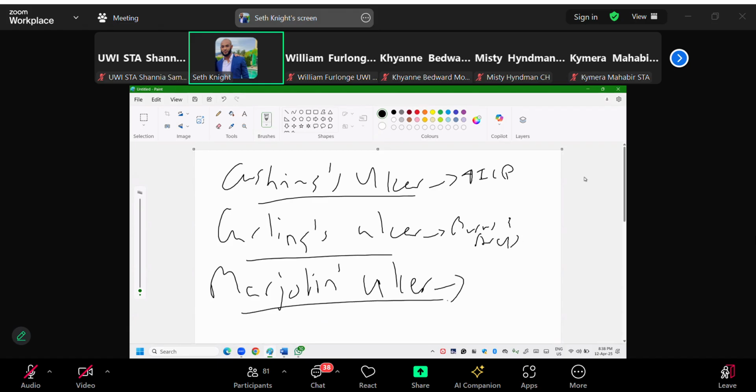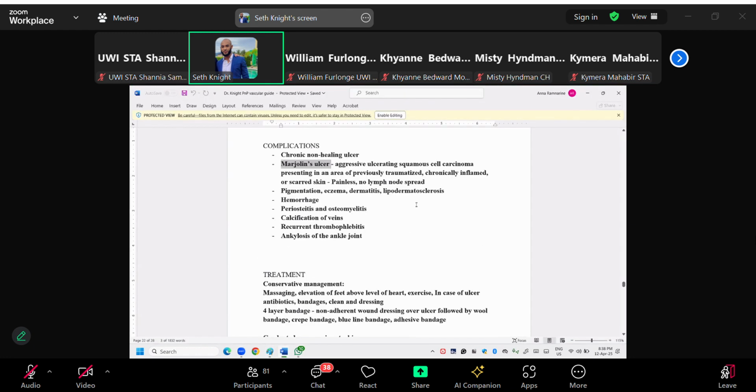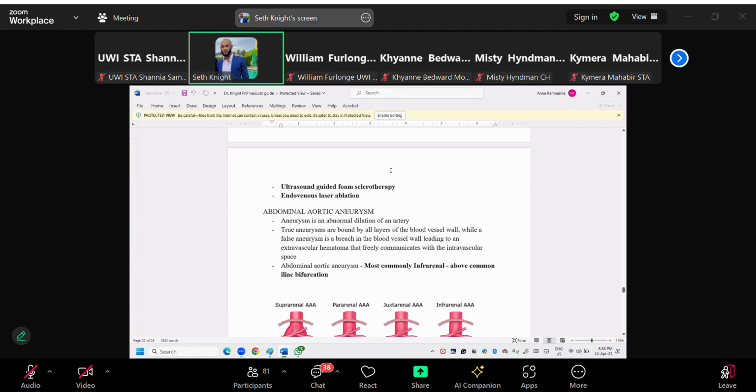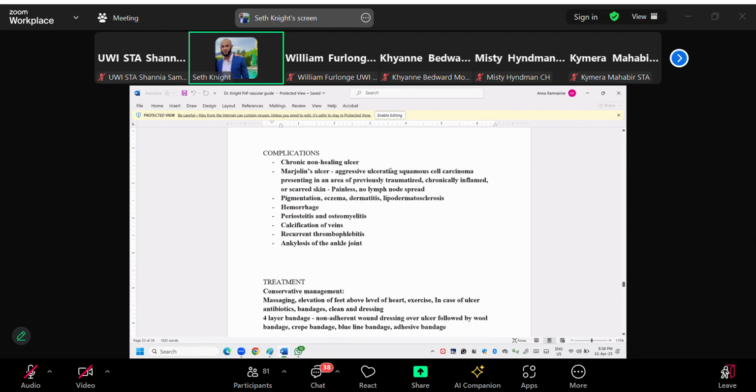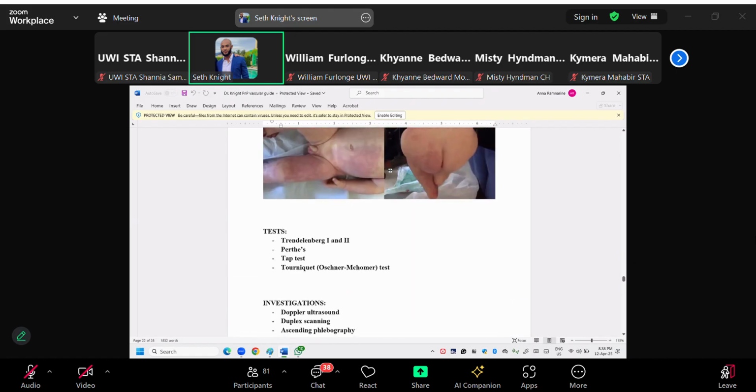And a Marjolin's ulcer. A Marjolin's ulcer is actually a cancer, where the patient had previously traumatized or inflamed skin, and the cancer looks very, very bad. Guys, just Google an image of a Marjolin's ulcer.